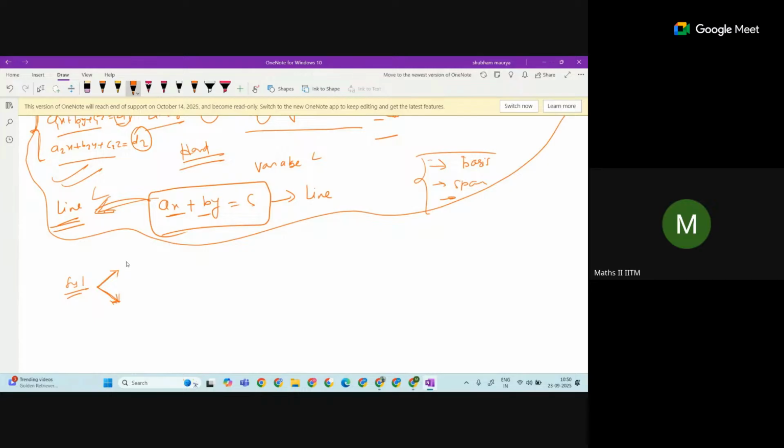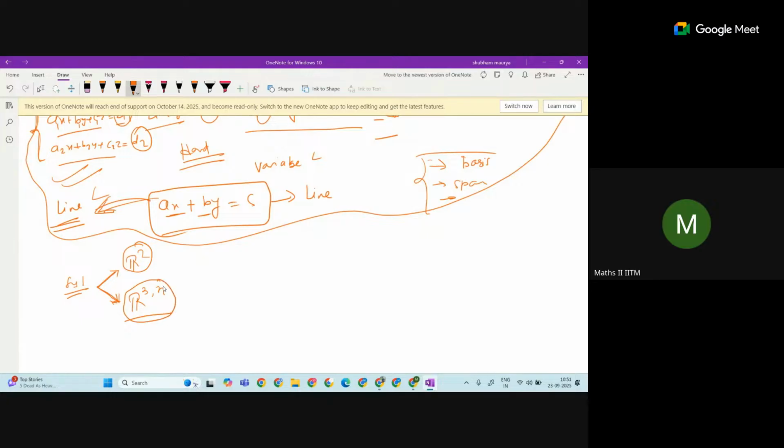You will first study the vector space of R2. Okay. And the next is you are going to study R3, or you can say Rn. So in the first 2 weeks, we will understand the concepts on R2, and the same concepts we are going to understand on R3, or you can say Rn.